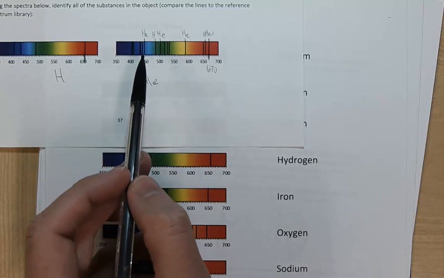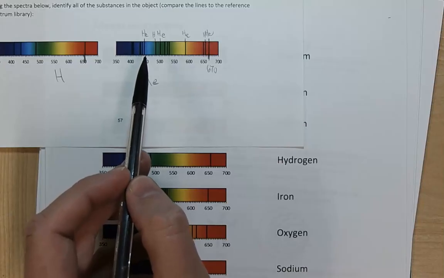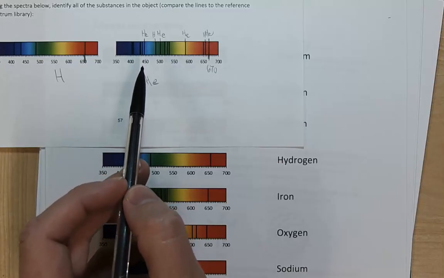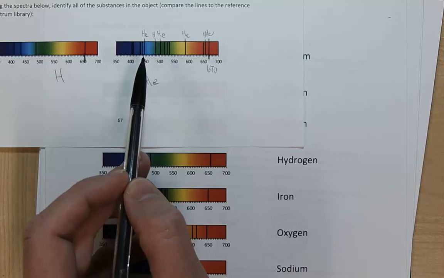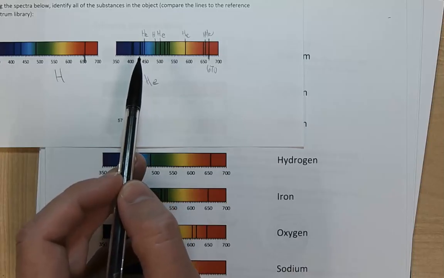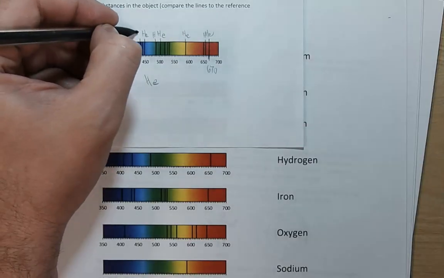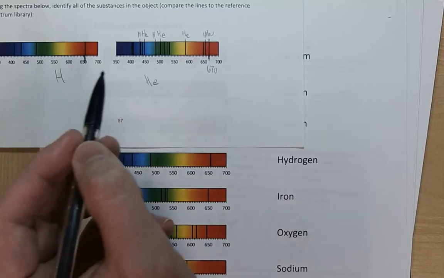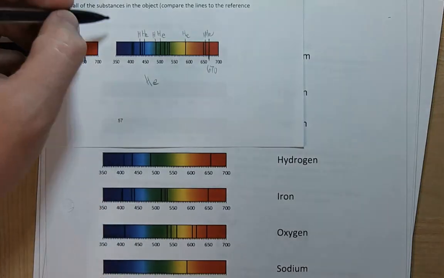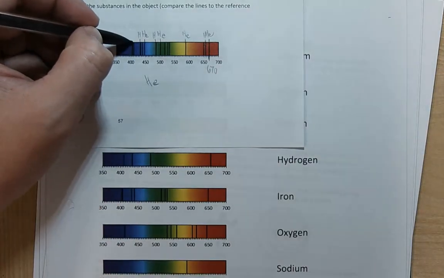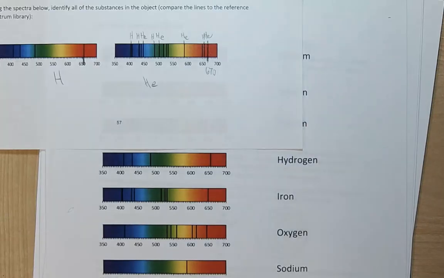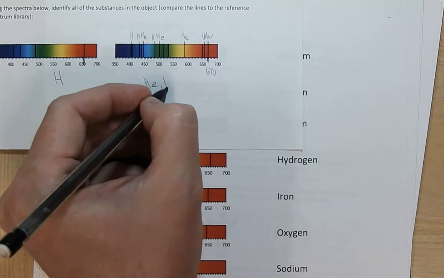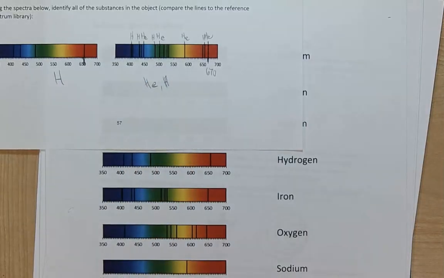Okay, it's that one there. There's the hydrogen line at 435. And then this last one at 410. All right, there we go. So all the hydrogen lines are here. So we know that this star is hydrogen and helium.